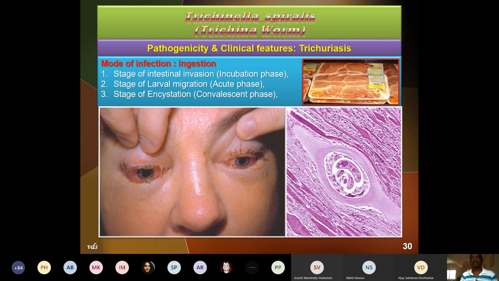We may also see the edema of the face and the eyelids. And in the striated muscle, the larvae undergoes encystation, and such a muscle of the host, if it is the animal, is infective to other host. The infection is called trichinosis.